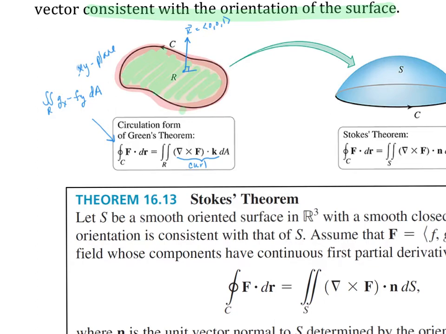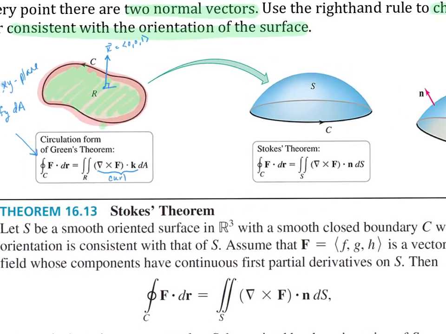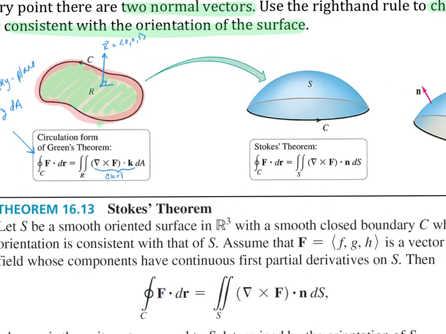Now we're going to go from a flat plane to a rounded surface. But everywhere on that surface, we're still going to have a normal vector, unit normal vector, and it can point outward or inward. We have to remember that this vector is going to be consistent with the way that our curve is generated.